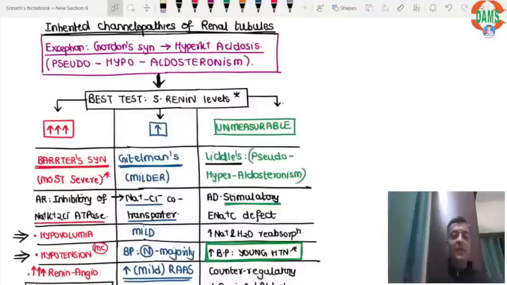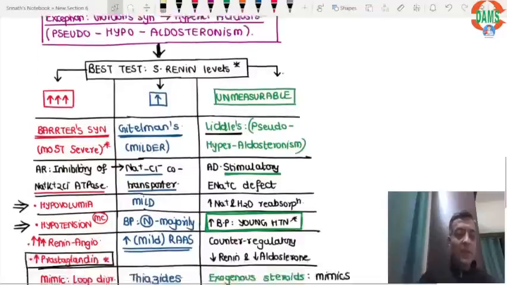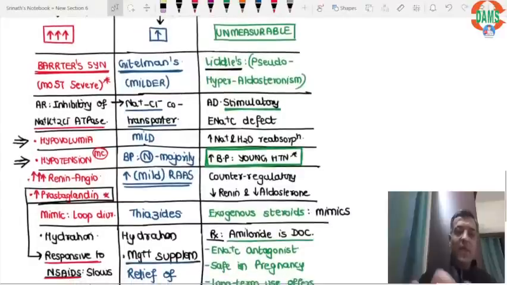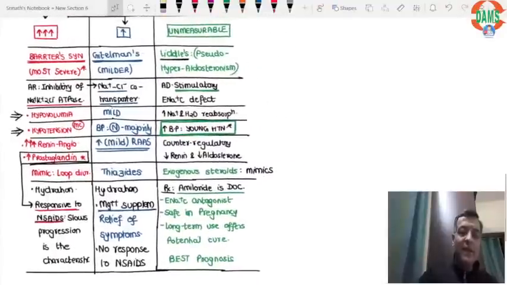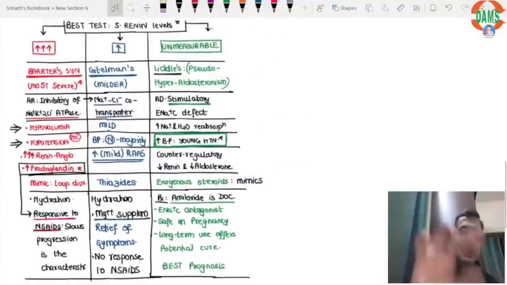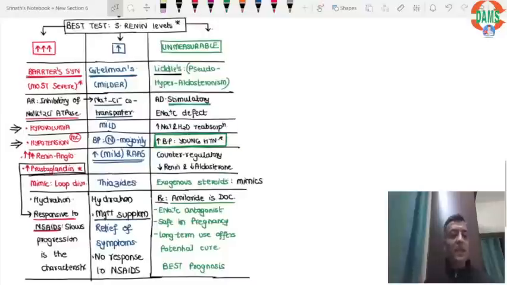Based on the serum renin level, we have identified the three inherited channelopathies. Again, Bartter's and Gitelman remain the commonly asked question. Once you do this topic, I'm sure we are going to get one question this year.